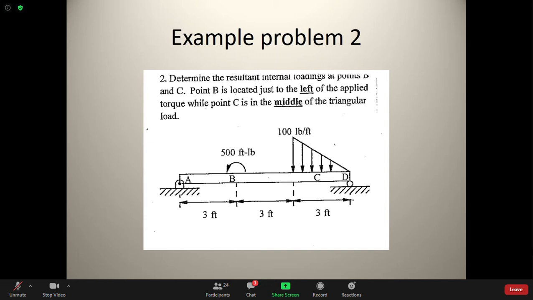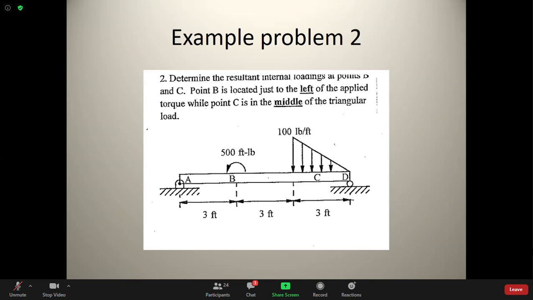Now, my first question to you: do you think we will need to find the support reactions or can we get away without it? Think about it. Let's look at point B. If I'm going to find the internal loads at B, I will have to take a section at B and then consider either the left-hand side or the right-hand side.